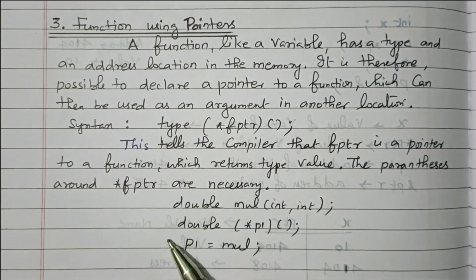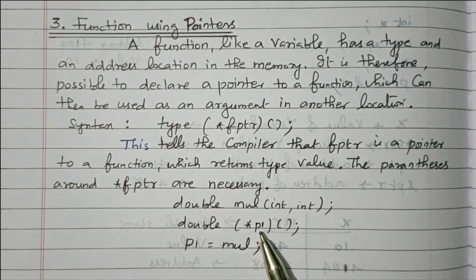Right? So what is the meaning? double mul(int, int), double *p1(), right? It means that it will pass the array elements, pass the element pointer. So p1 equal to mul, right?